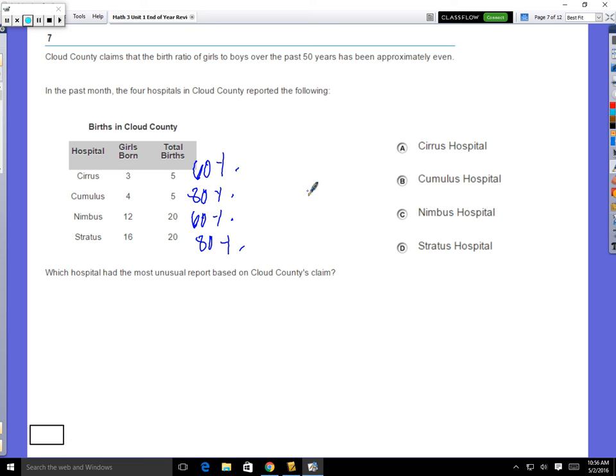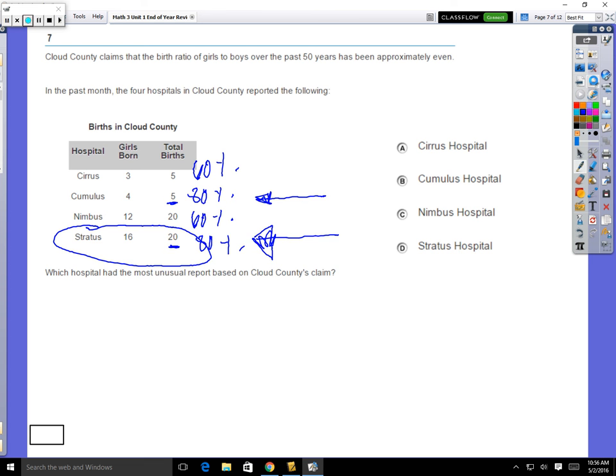So you look at the ones with the high percentages, 80%, and the difference between these two is that this hospital only had a total of 5 births and this one had 20. So this is the one that's skewed, because the more births you have, the closer it should get to a 50-50 shot. But if you only have 5, that's a pretty small sample, and anything can happen with 5 births. You can have all 5 girls. But the more births you have, the closer it's going to get to 50%.